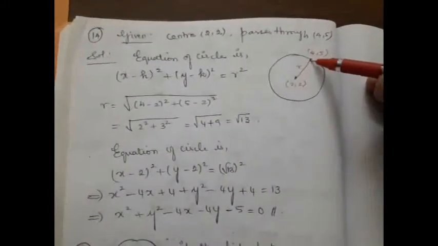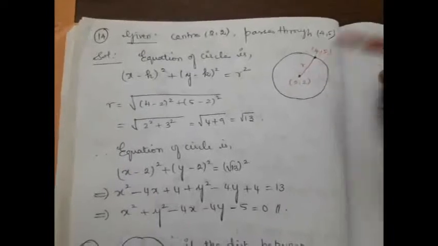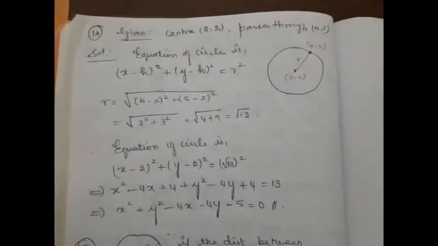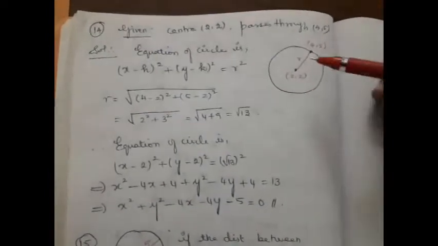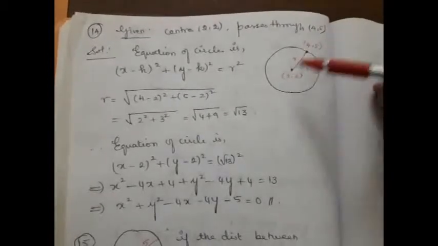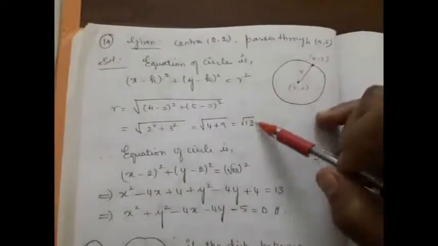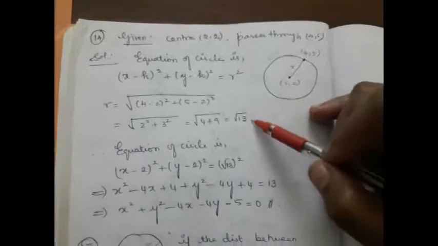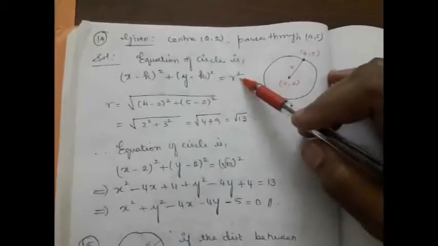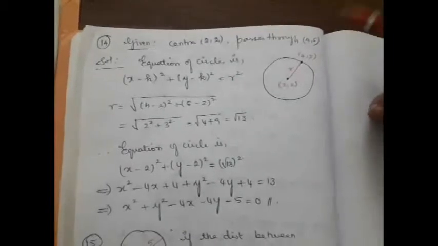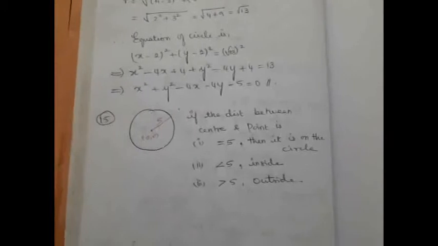They have given you the center and a point on the circle. The distance between the center and a point on the circle is nothing but the radius. So apply the distance formula between these two points, then we can find our radius. Once we know the radius, we can substitute in the equation of a circle formula. That's it.